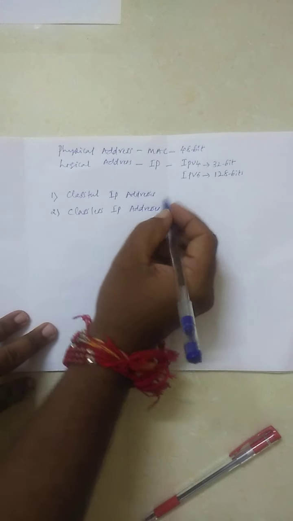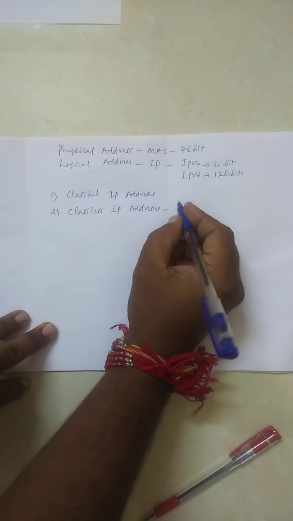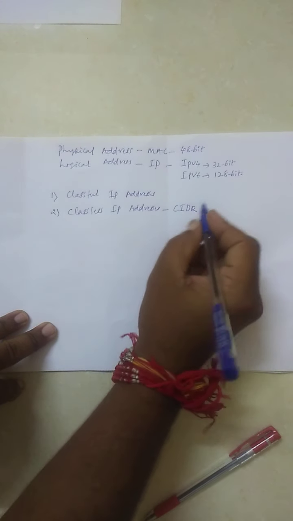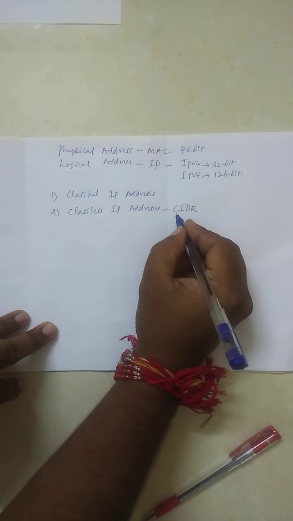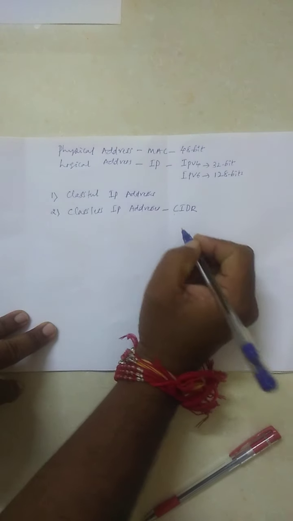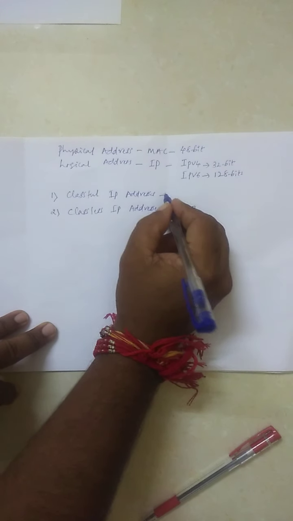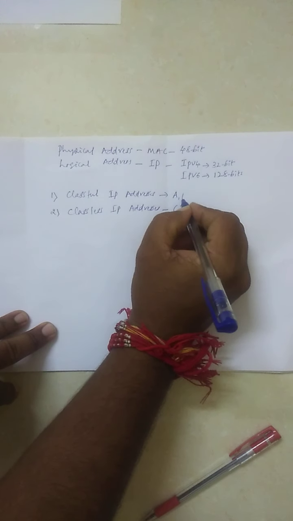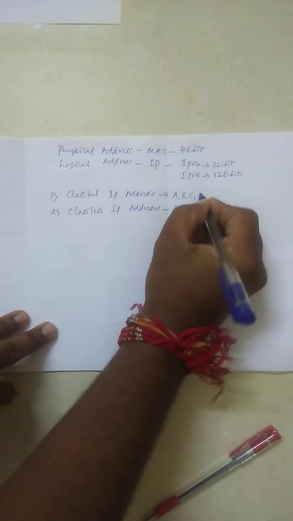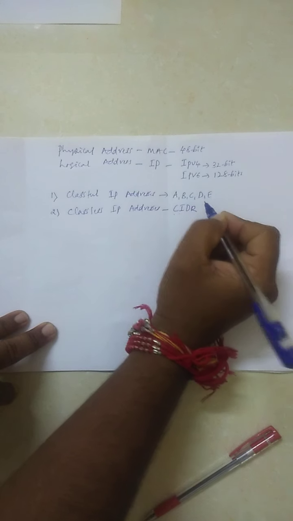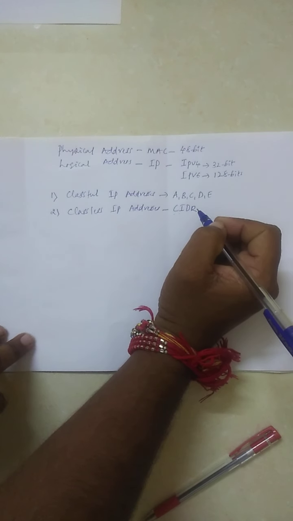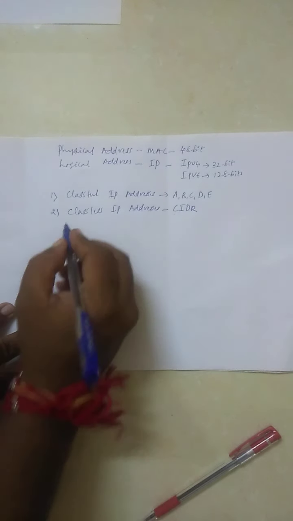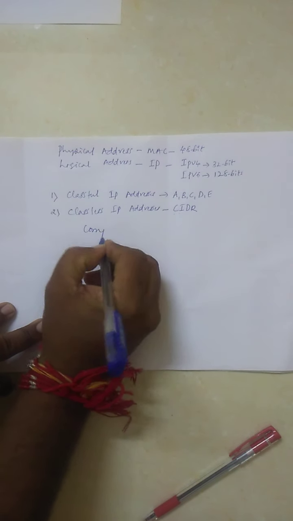The best example for classless IP address is CIDR, which stands for classless interdomain routing. In classful addressing we have different classes of IP address: class A, class B, class C, class D and class E. So we'll begin with the basic components of an IP address.